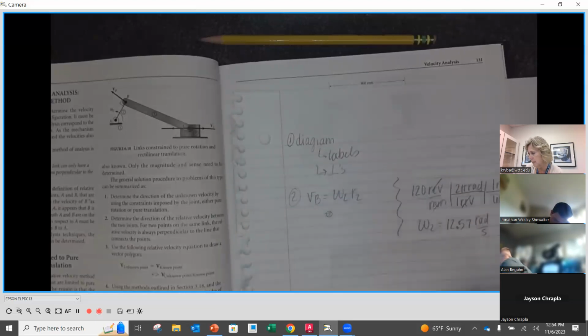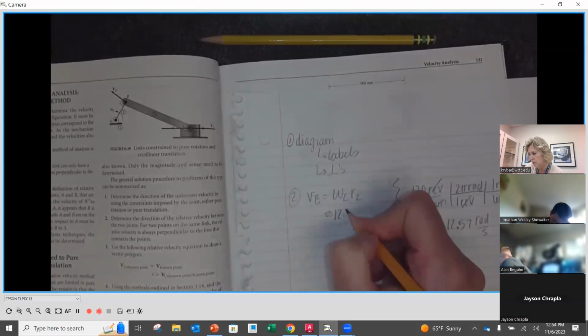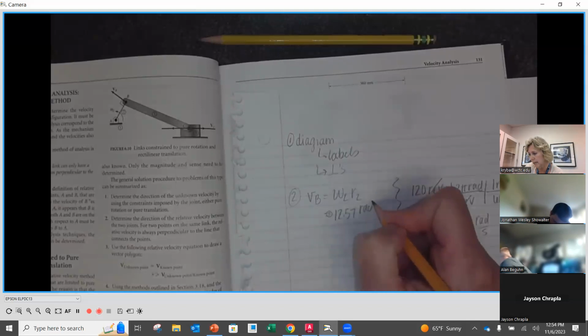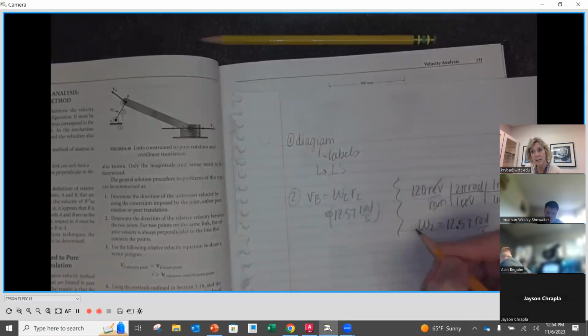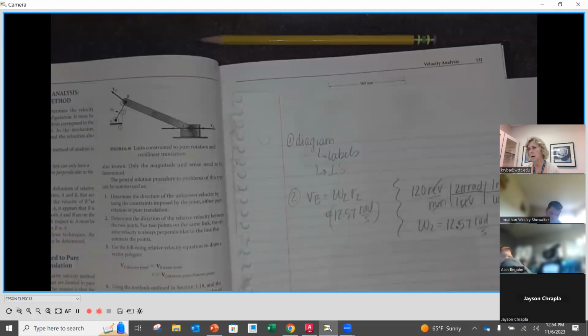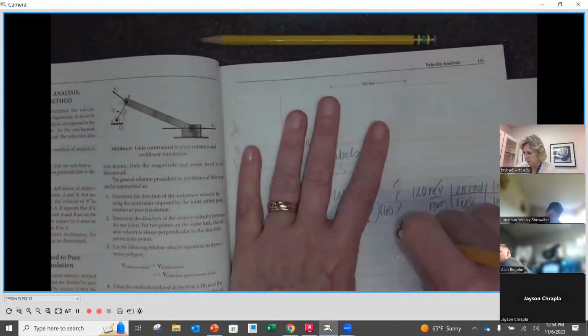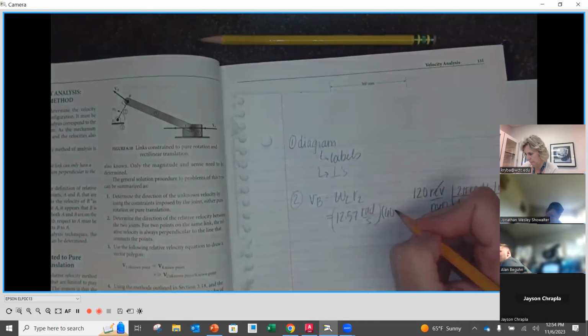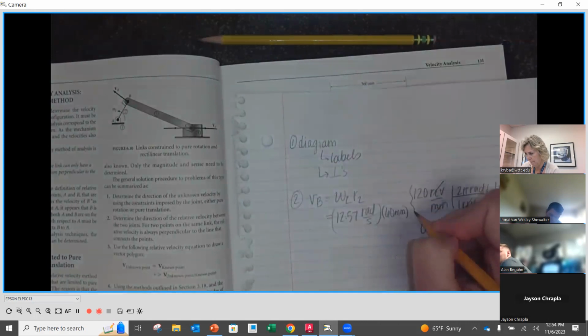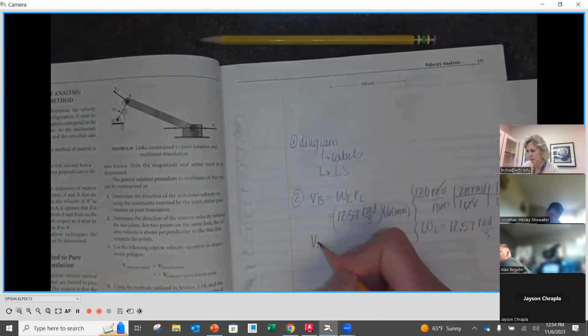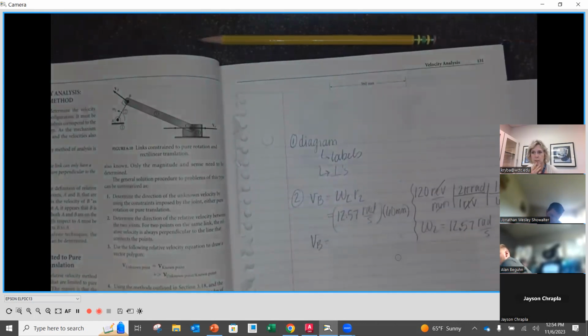So my velocity at B is going to be equal to 12.57 radians per second times the radius, or the distance, of that crank. So that was 60 millimeters. So my velocity at B, what's my number? And units. Everybody should be doing it. Calculators out.